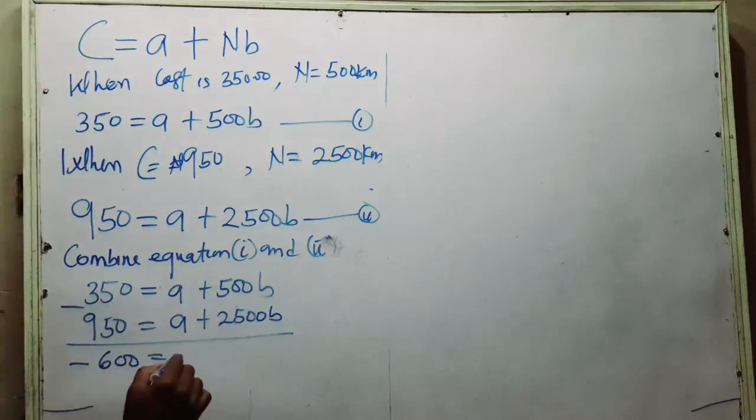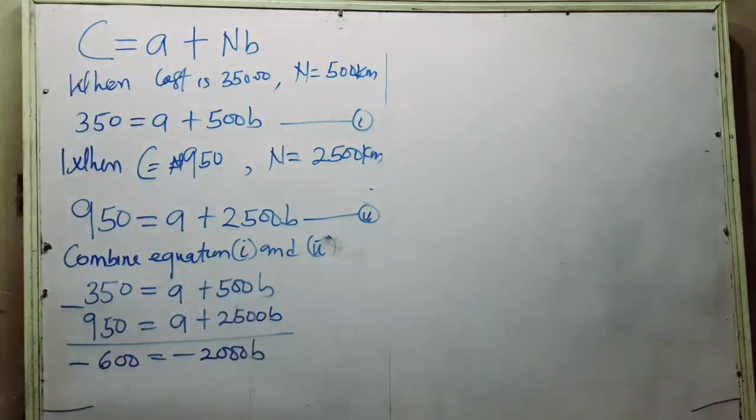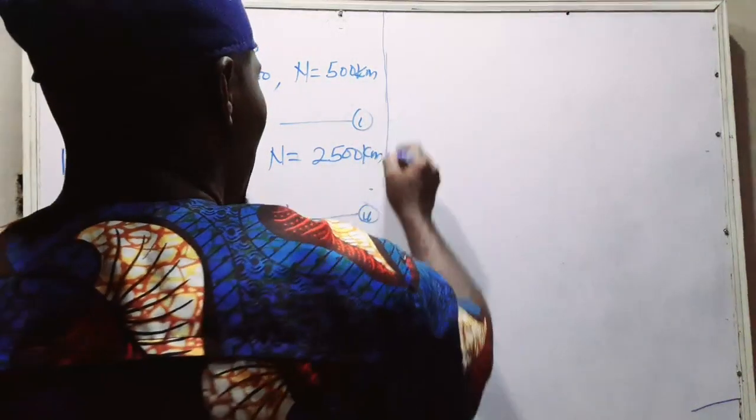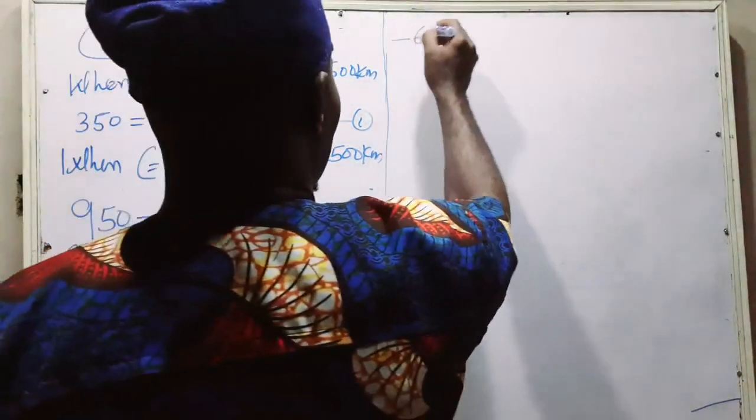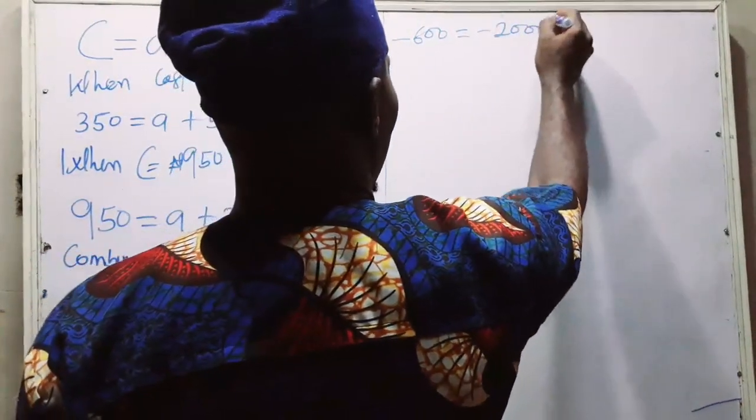So we have a minus 2000B. So this is how we get the value by subtracting both from each other. So we have minus 600 is equal to minus 2000B.